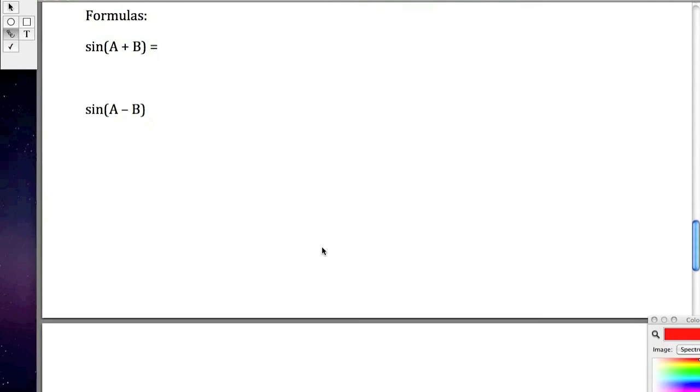Last two formulas, and then we're done. So what is it for sine of A plus B? The sine of A plus B is a little bit different.